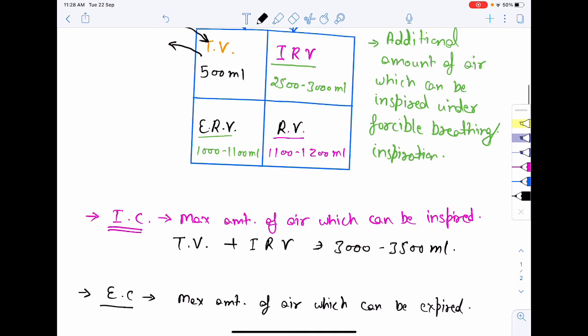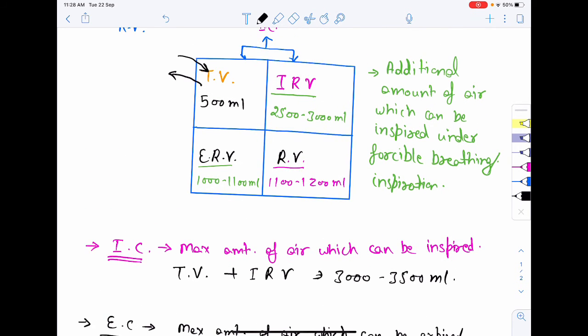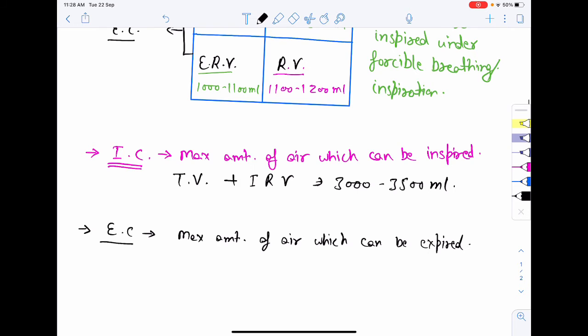Tidal volume is expired in normal condition, and then expiratory reserve volume is the additional amount. So this will become expiratory capacity. The value is 1500 to 1600 ml. It's an approximate value. So this is expiratory capacity.